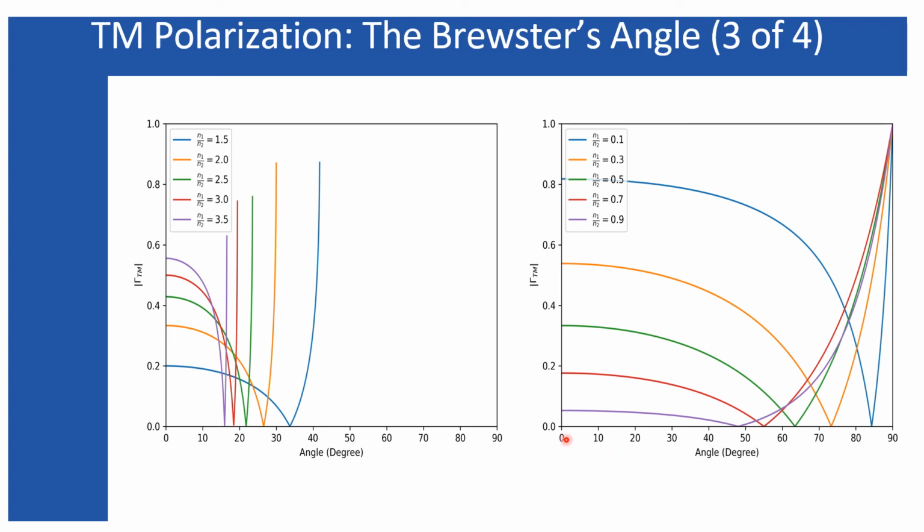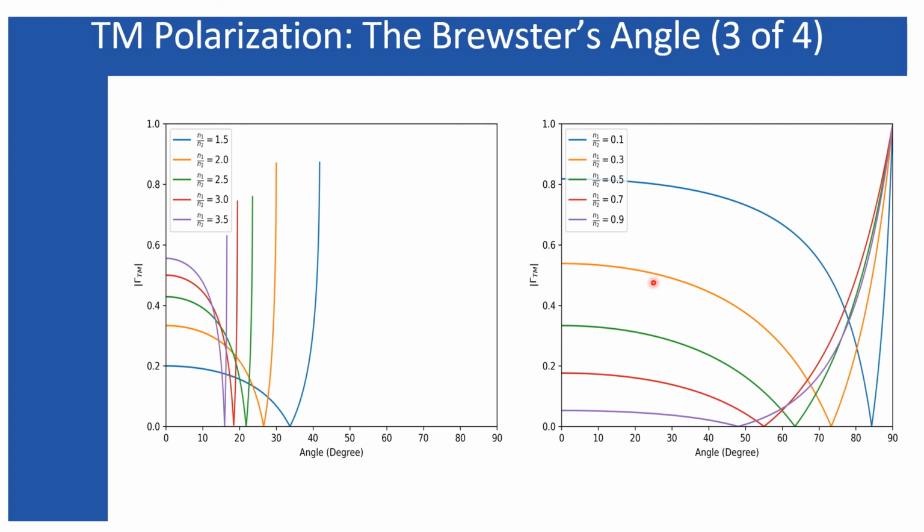As I'm increasing the angle for a smaller ratio, we can see the reflection decreases first, and at a particular angle the reflection is even 0. At this angle the total transmission is taking place. So this angle is called the Brewster's angle for that particular ratio.